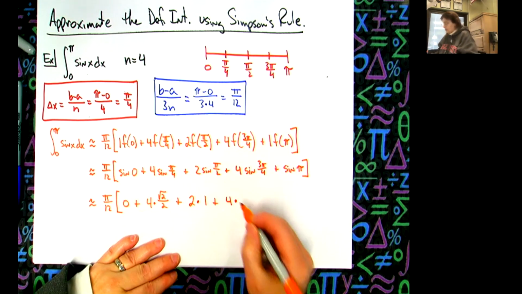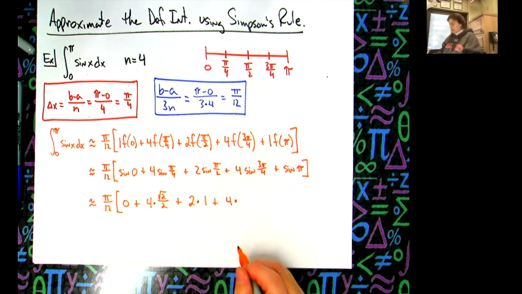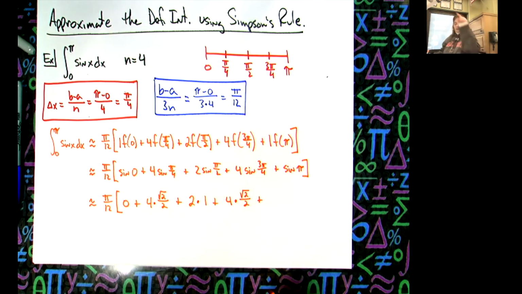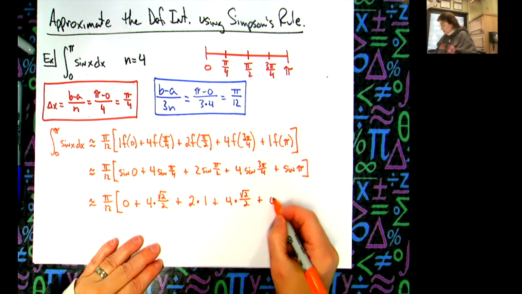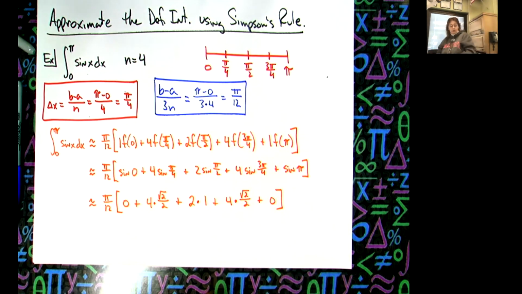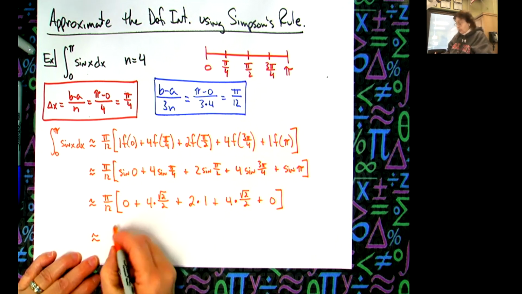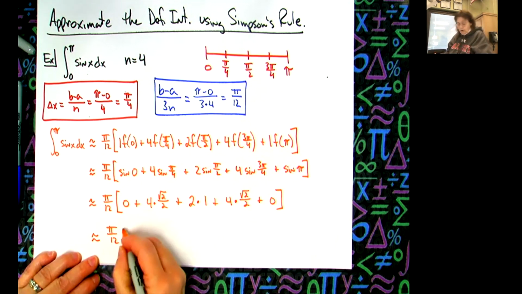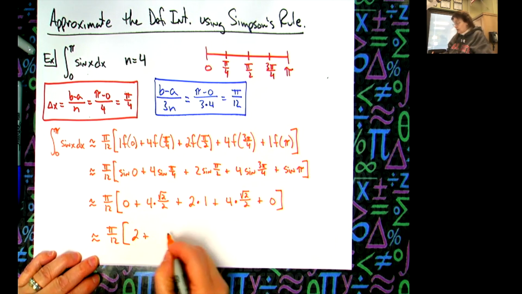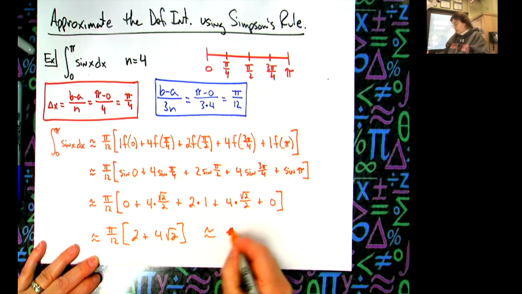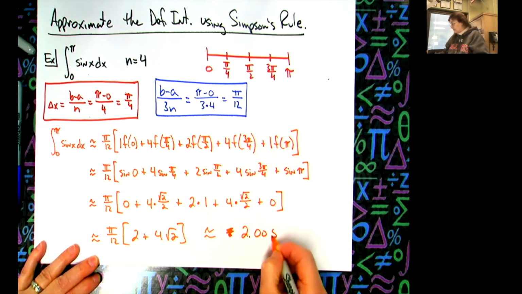Then 4 times sine of 3 pi over 4, or square root of 2 over 2. And sine of pi is going to be 0. I'm not going to finish this all out here. We end up with pi over 12 times 2 plus 4 square root of 2. If you want a decimal approximation, I think it comes out to be 2.005.